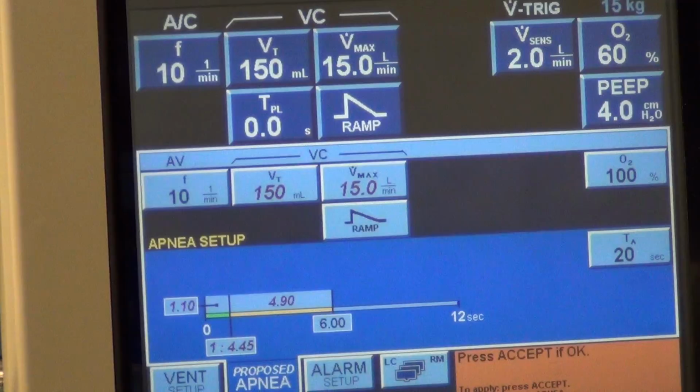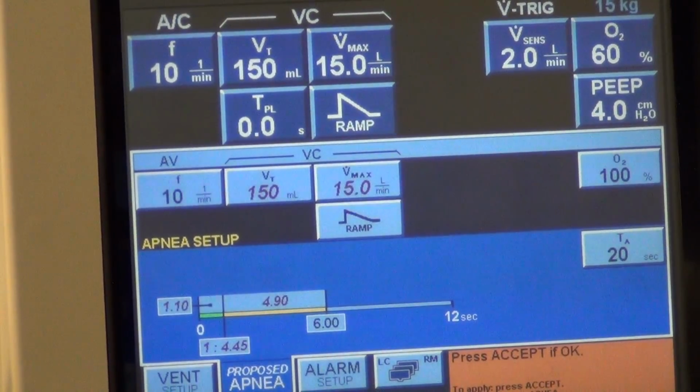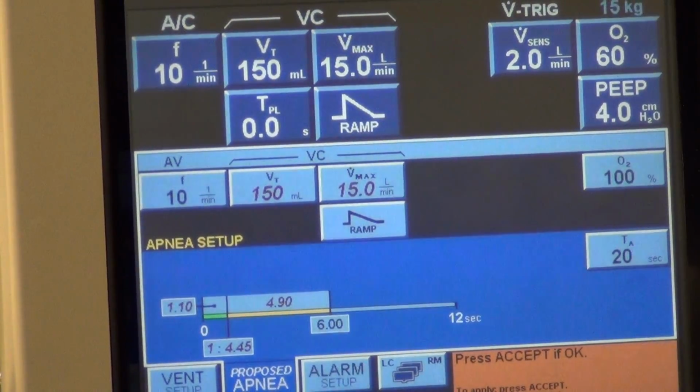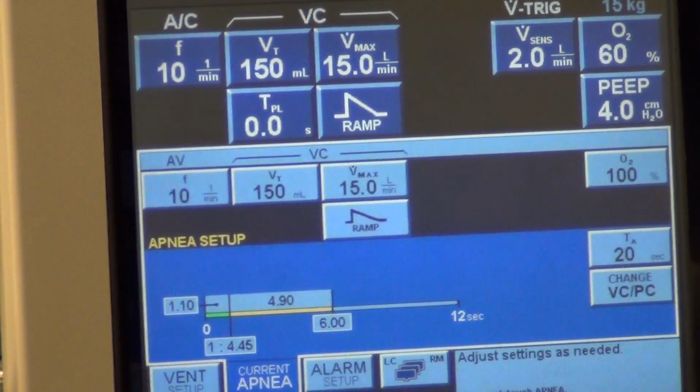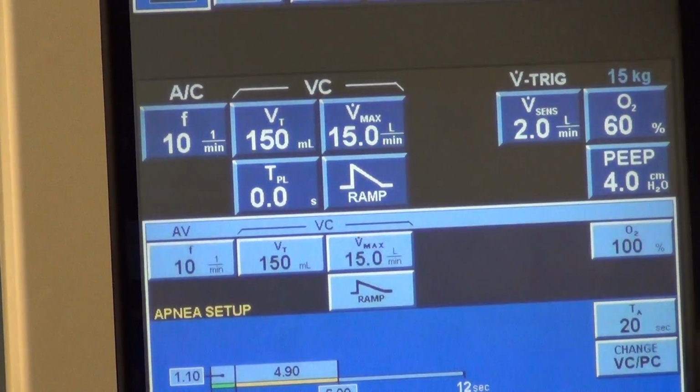And because this is an emergent situation, in most cases, when the patient stops breathing, we leave them on 100% and we maintain our apnea time at 20 seconds. All right, once everything is acceptable, we click accept. And now we're waiting to connect our patient. So if you would, go ahead and connect our patient.